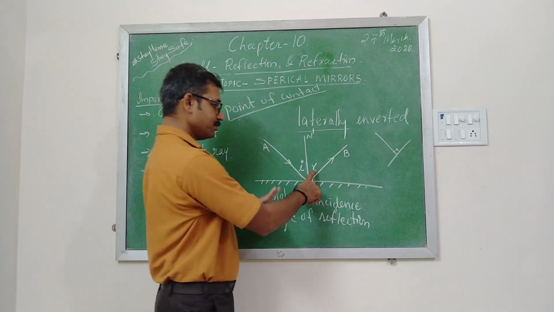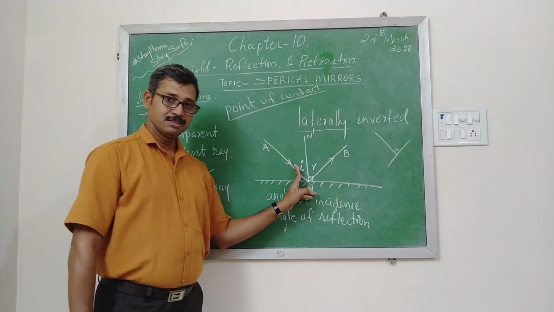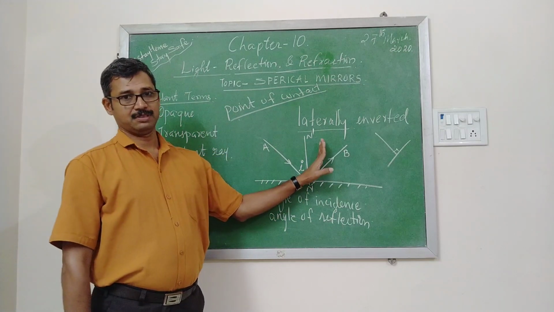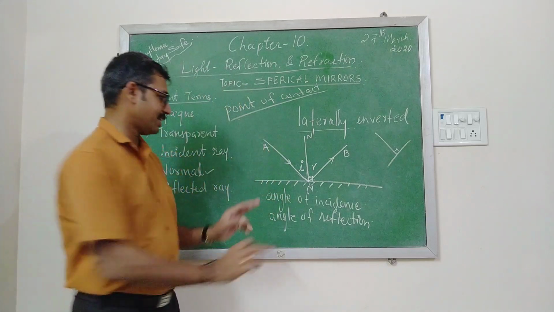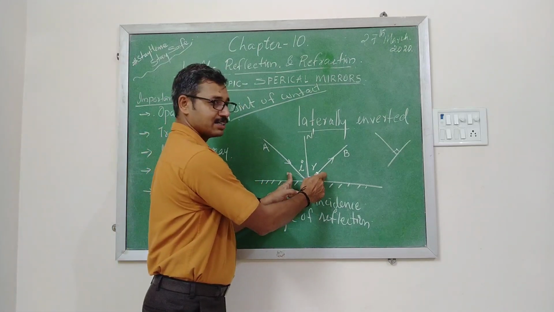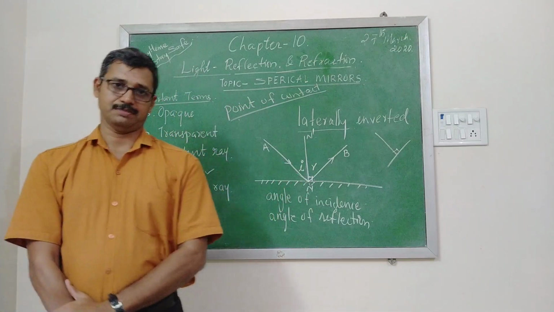So where will it come? Here. So these two angles are the incident angle and the reflected angle.